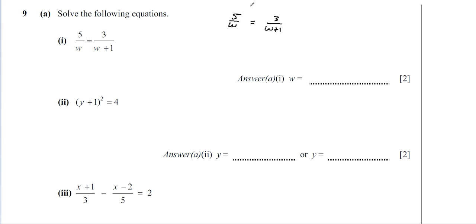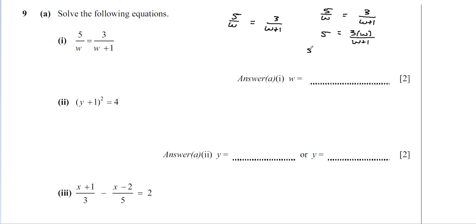So let's do that. Let's multiply everything by w. If we have 5 over w is equal to 3 over w plus 1, multiplying each side by w leaves 5 is equal to 3 times w over w plus 1. Now we multiply both sides by w plus 1 to take it out of the denominator.